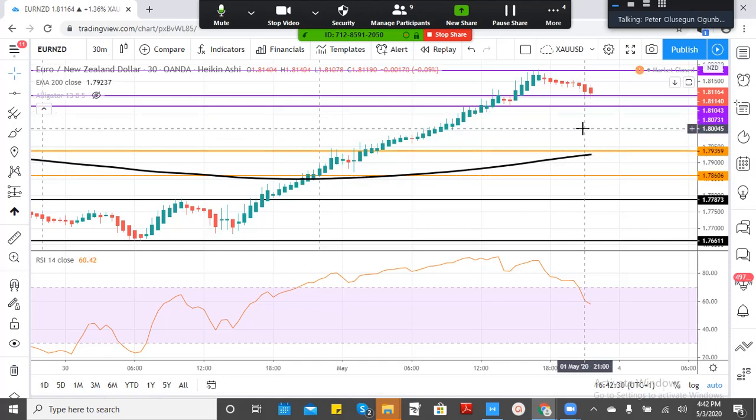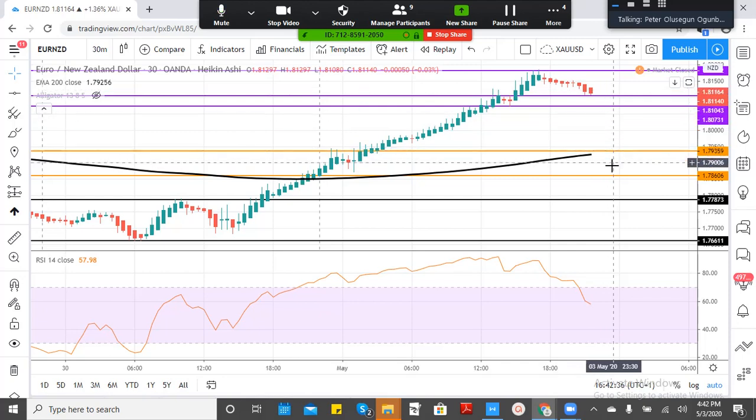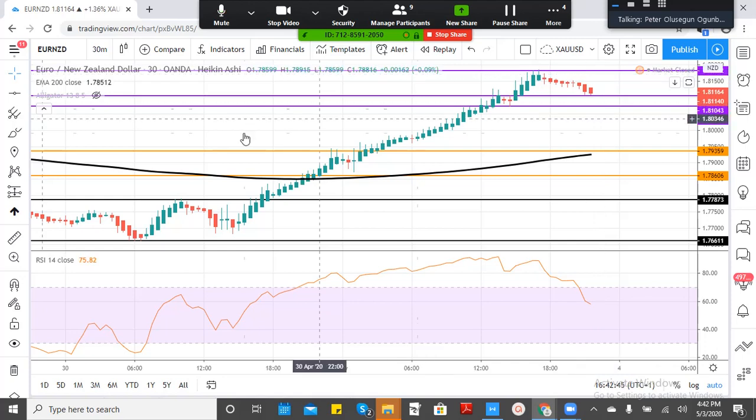So they will go below it, then go back here to pick you and make a move to this point. Once they get here, you wait for their movement upwards again, and if they go up, they're probably going to break this and move up. That is what you should look for.